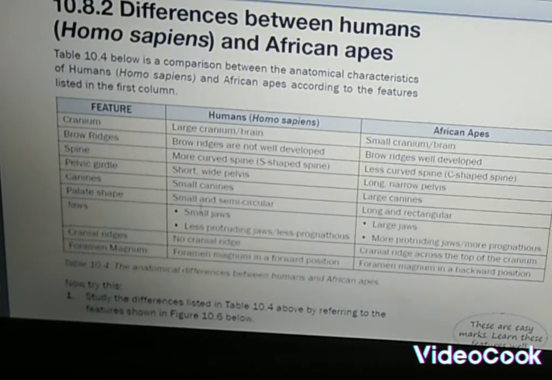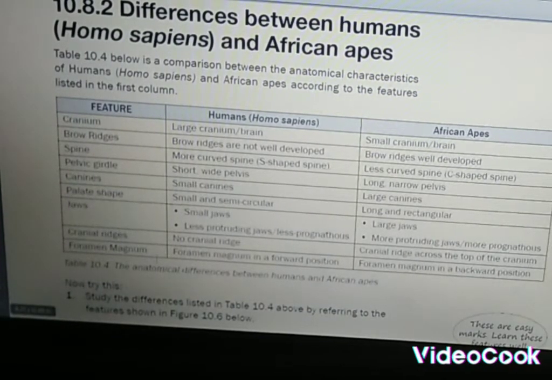For jaws, our jaws are very small and less protruding. But the apes have more protruding jaws, and they've got large jaws. And when we look at the cranial ridges, we don't have any cranial ridge, but the African apes have cranial ridges across the top of the cranium, right?